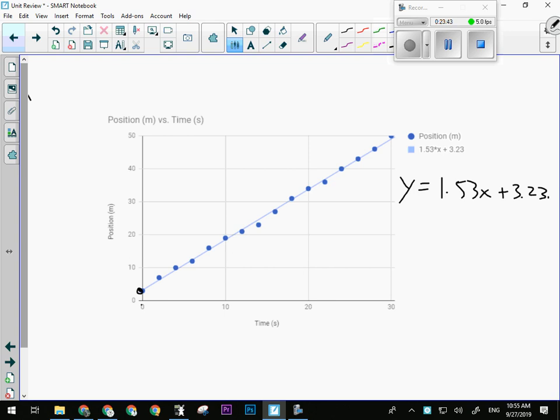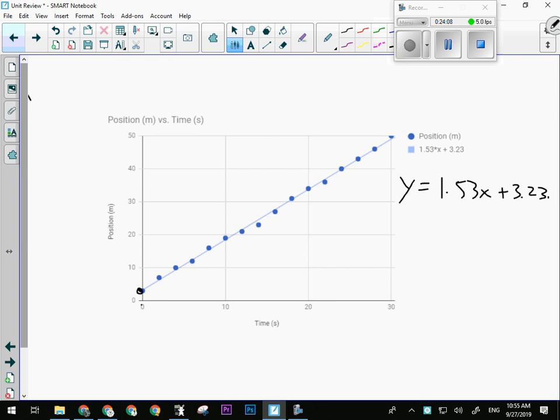If this question wanted me to figure out what the position of the object would be after 1 minute, what would I do with that equation? Nope, I wouldn't times it by 2. I'd be solving for y, yes? Because y is position, and the question was, what is the position of the object after 1 minute?